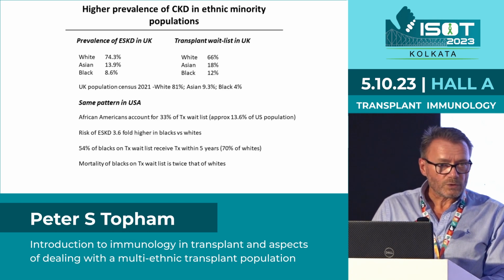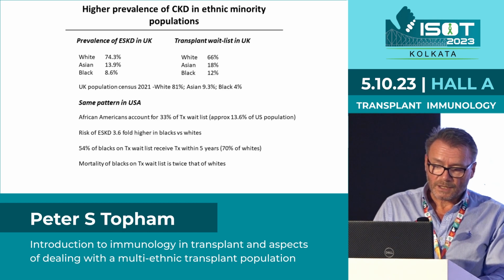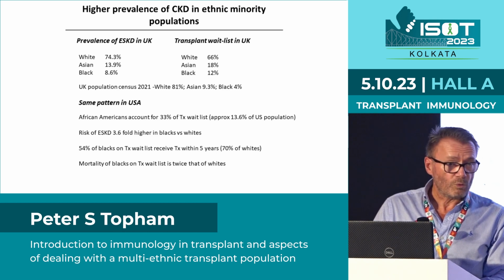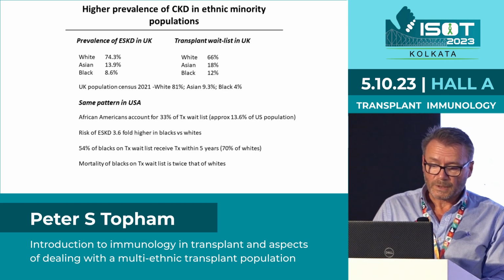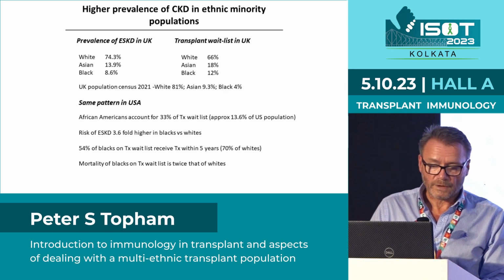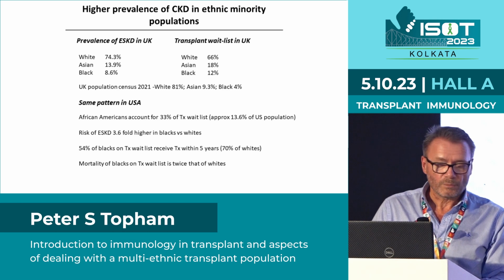The UK 2021 census suggests that the black population comprises 4% of the population and the Asian about 9.3%. So there is a significant overrepresentation of ethnic minorities in the end-stage population.